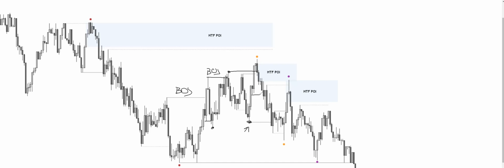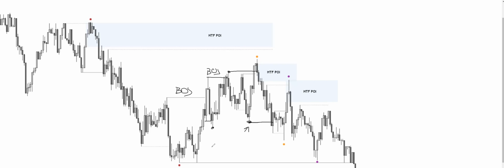It also has internal range liquidity being built in, right? So there is no sense and no point for price to take this low if price wants to come up here, right? But eventually, price will take out the low.